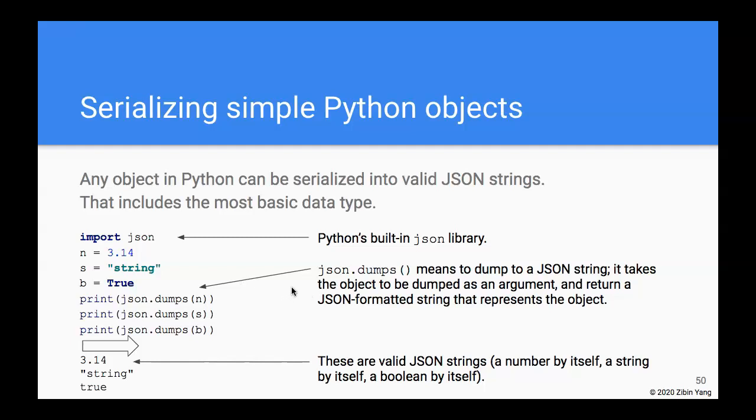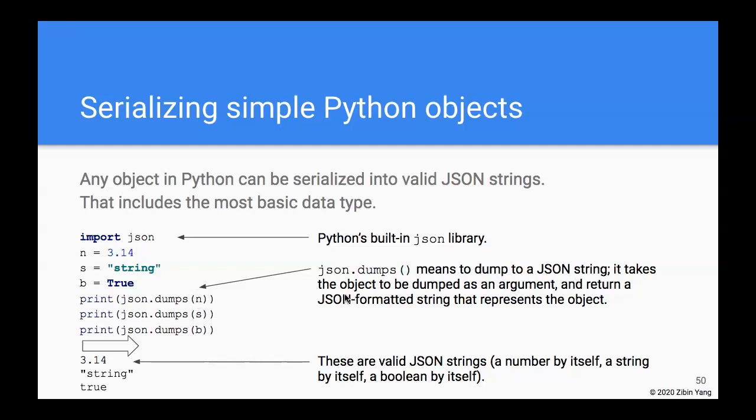Okay, so those are the three things we want to serialize. And then what we can do is use the json.dumps method from the JSON library. And what this method is doing is that it dumps whatever argument that we pass to it into a JSON string.